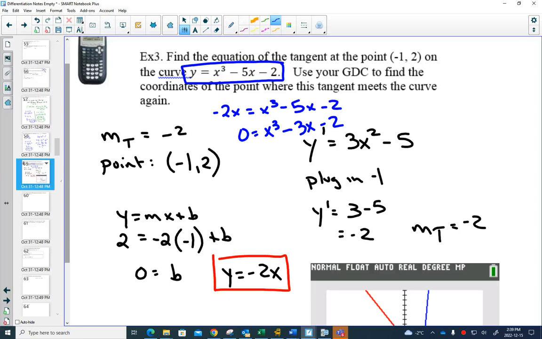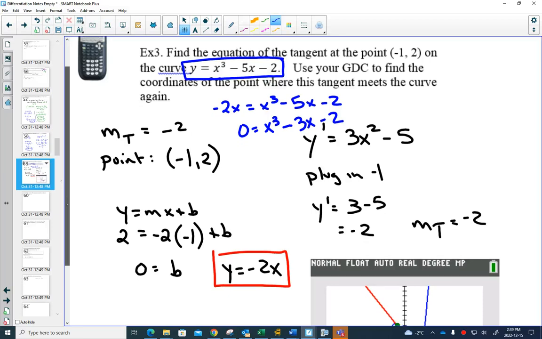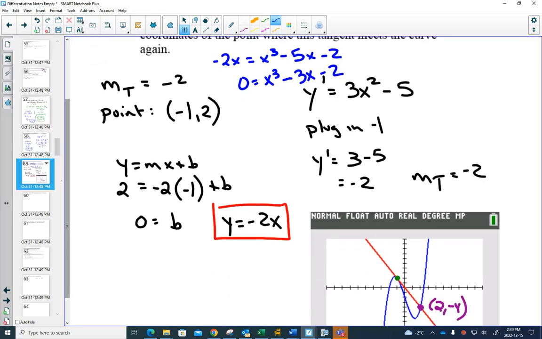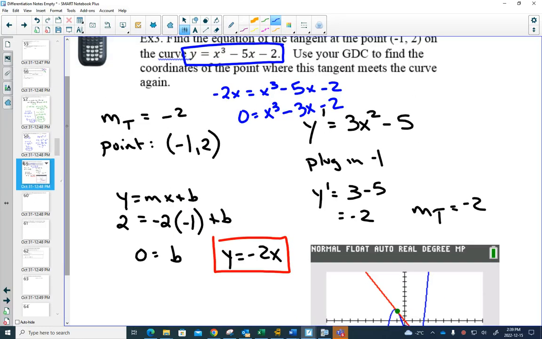Sounds like fun. You actually know, though, that one of the solutions is -1, because it touches there. So you already know that one of your solutions is going to be -1. That means when you factor this, x plus 1 is a factor.